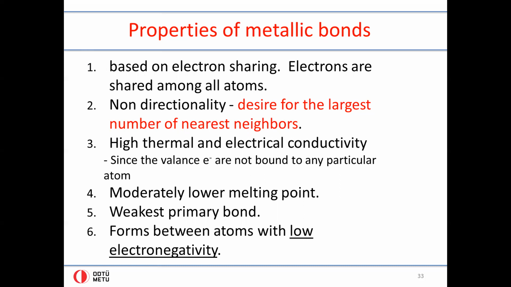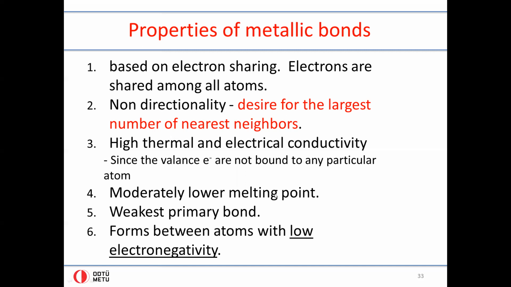In this case, because there is a sharing of a high number of valence electrons, not by particular atoms, there is a greater freedom of electrons to move, one can sort of simply say. Hence, there is high thermal and electrical conductivity, which depend on electron movement.